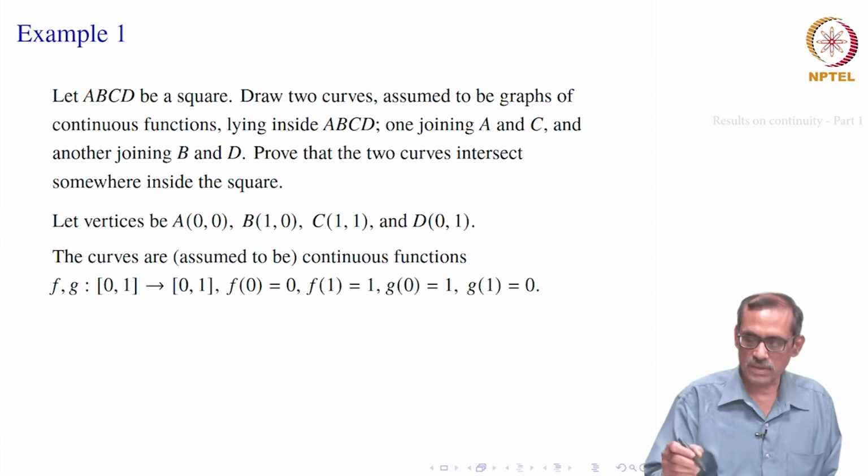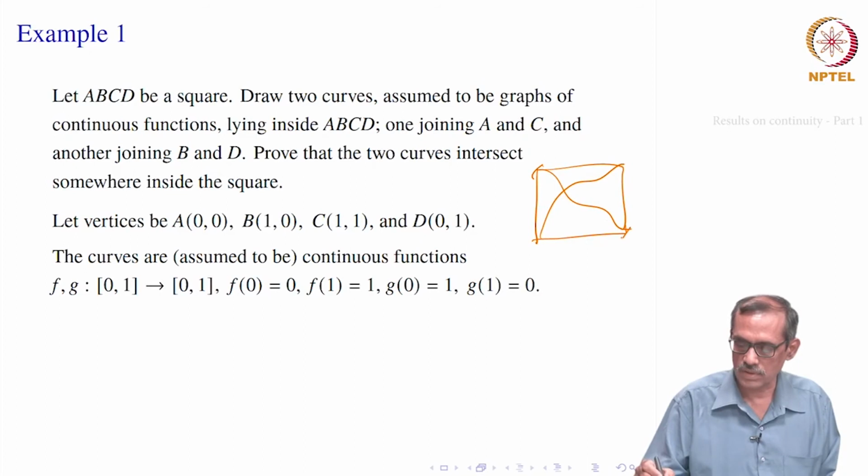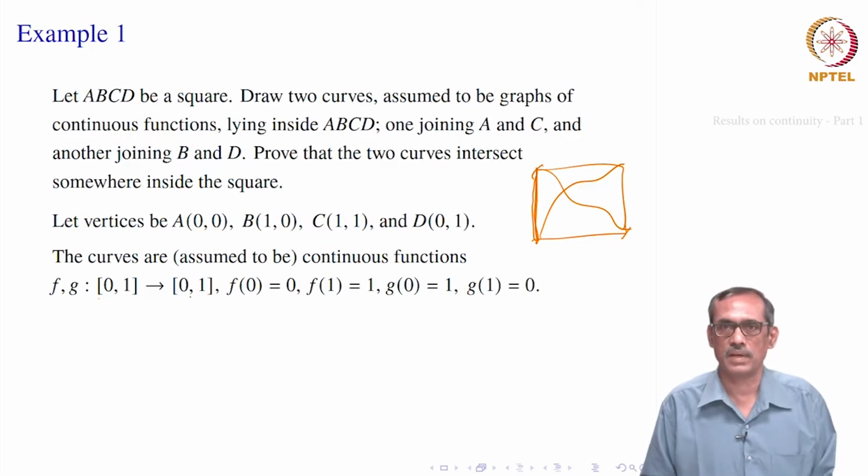So, now f is a function and g is also a function. So, both are defined from [0,1] to [0,1]. The one function is like this, the other function is like this. So, their height remains between 0 and 1, both the heights. So, f and g are functions from the closed interval [0,1] to the closed interval [0,1].